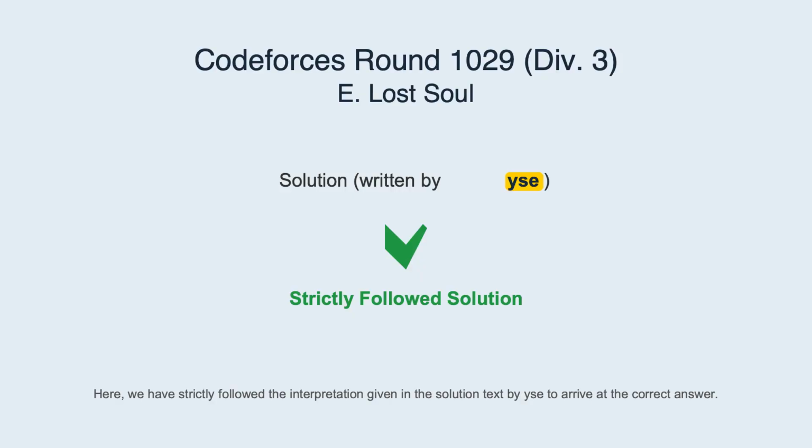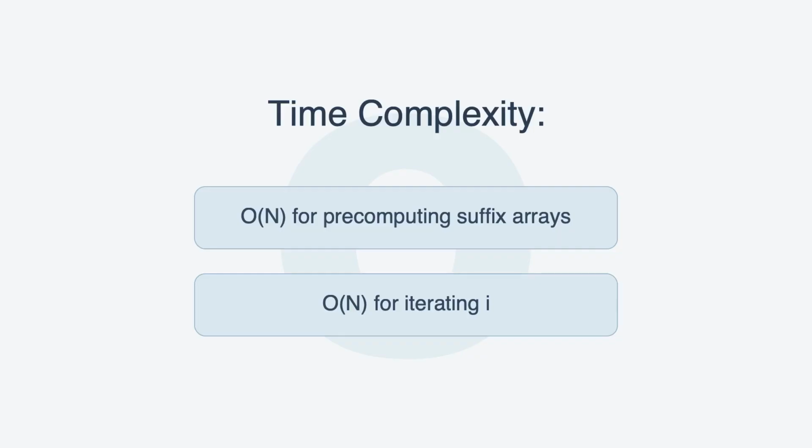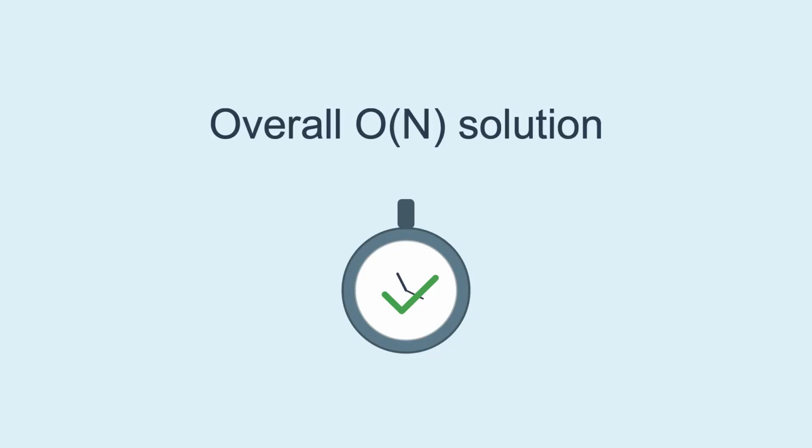Here, we have strictly followed the interpretation given in the solution text to arrive at the correct answer. The time complexity will be O(n) for precomputing suffix arrays, and O(n) for iterating i, leading to an overall O(n) solution per test case, which is efficient enough for the given constraints.